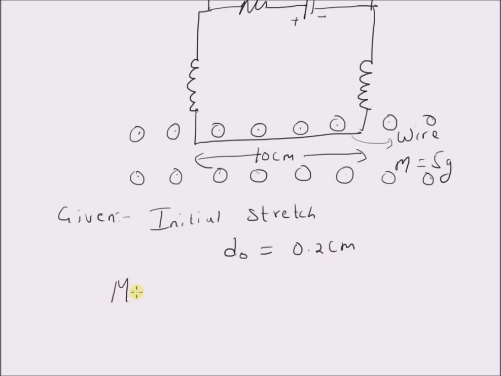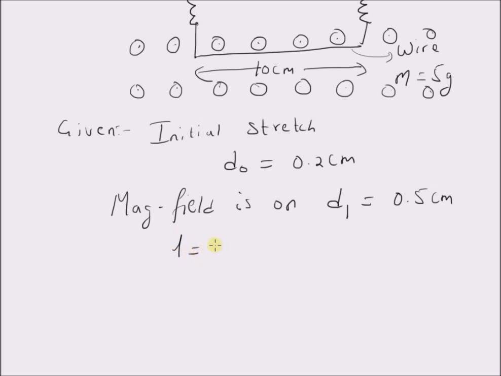When the magnetic field is turned on, there is an additional stretch on the springs which is equal to 0.5 centimeters. And we already know that the wire length is given to be 10 centimeters, and we have the mass of the wire equal to 5 grams.